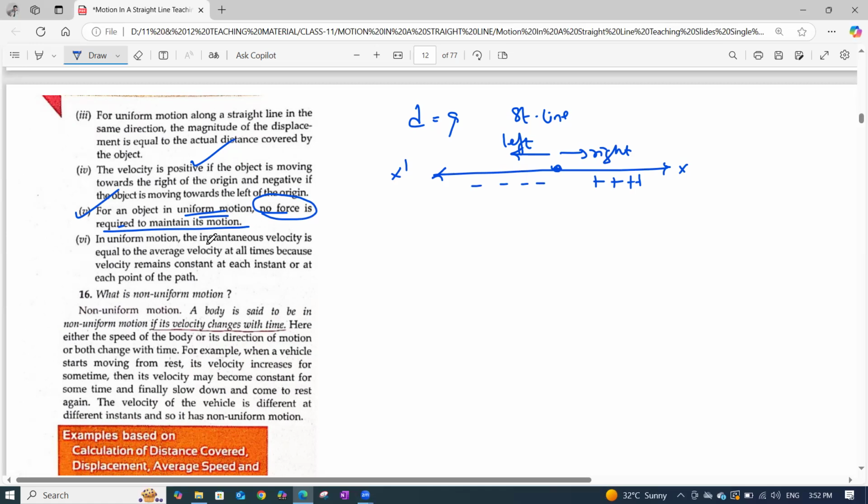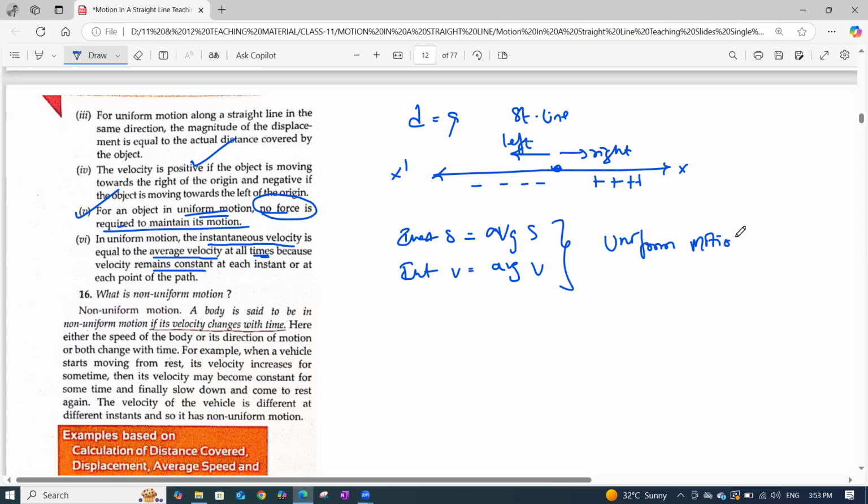In uniform motion, the instantaneous velocity is equal to the average velocity at all times because velocity remains constant. So in uniform motion, instantaneous speed is equal to average speed, and instantaneous velocity is equal to average velocity.